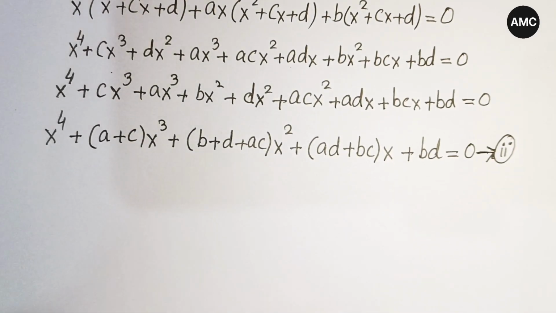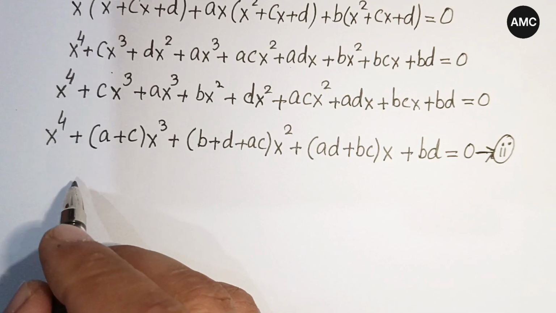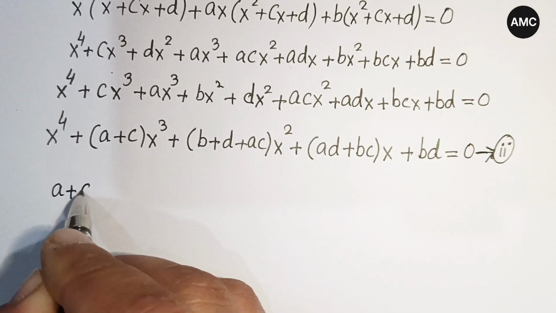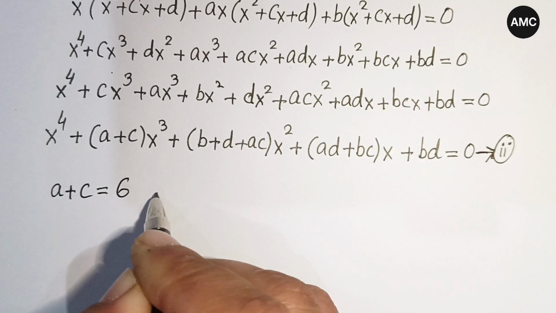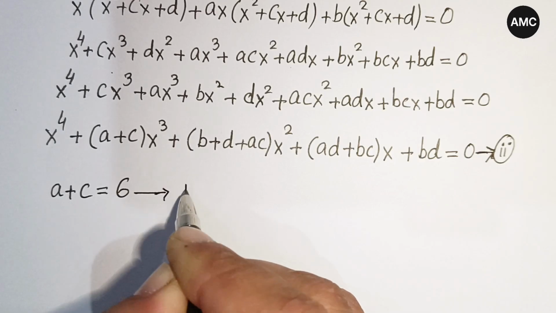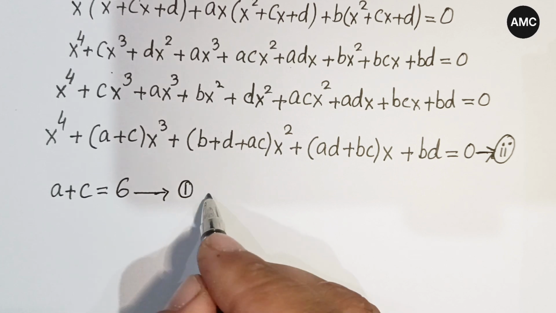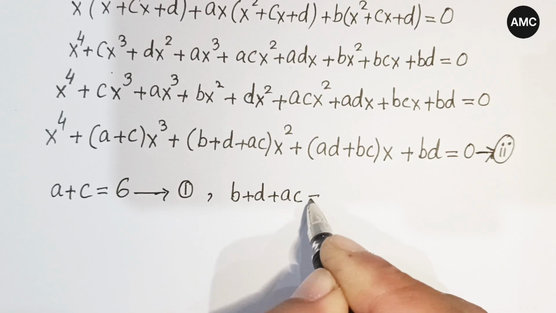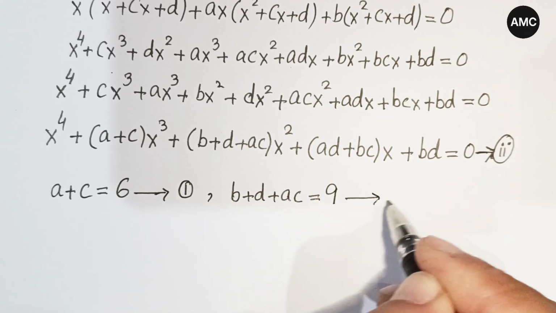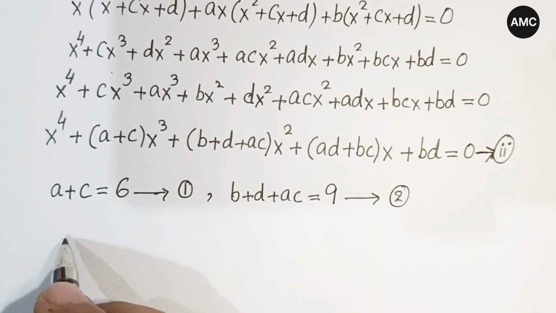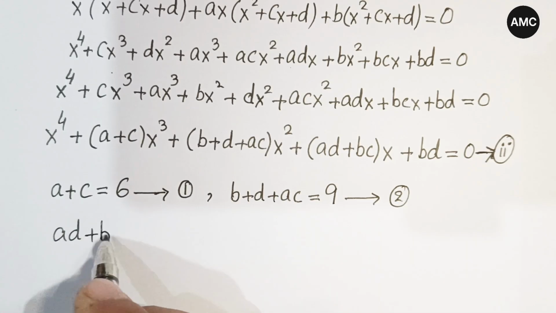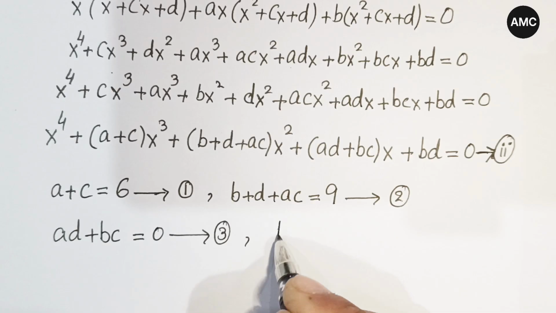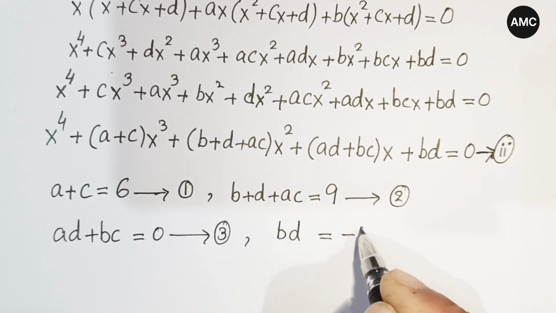So comparing the coefficients from equation 1 and 2, first of all a plus c is equal to 6. Let's say it is our equation number 1. Similarly, b plus d plus a times c is equal to 9. It is our equation 2. And a times d plus b times c is equal to 0. It is equation 3. And finally we get b times d is equal to minus 5.